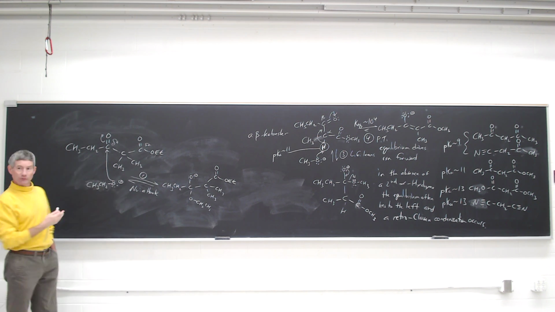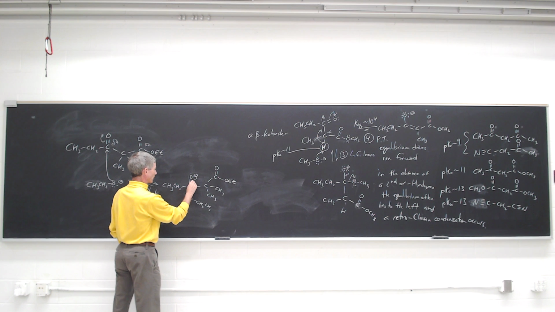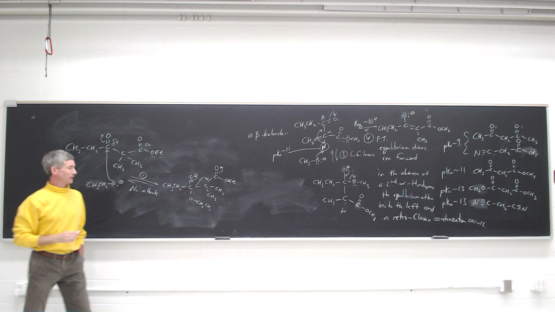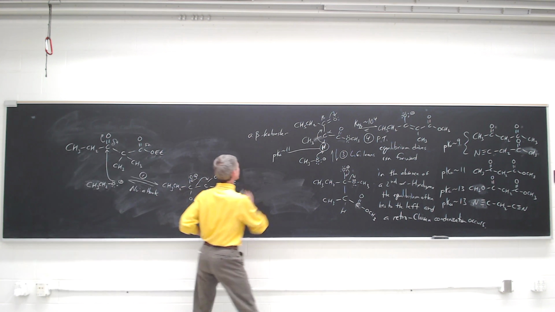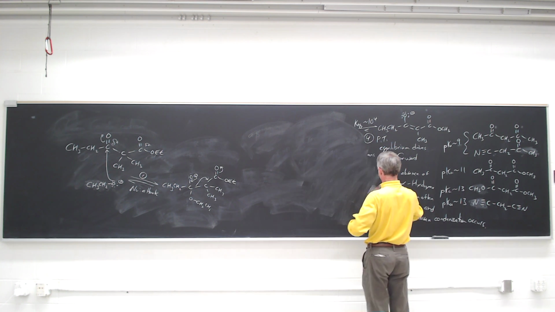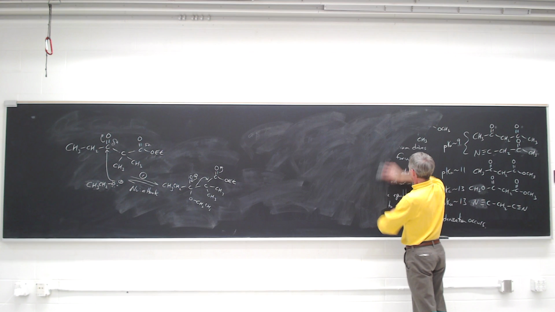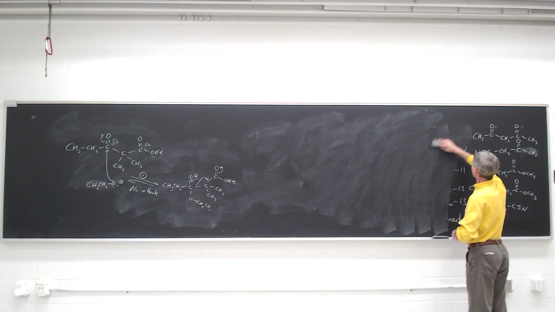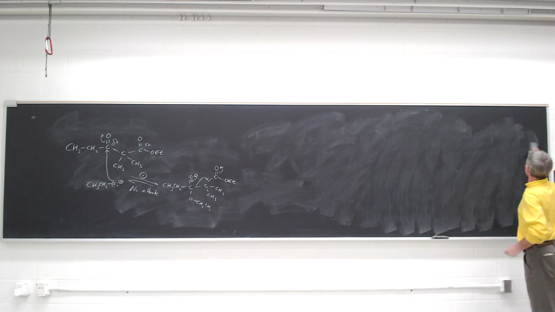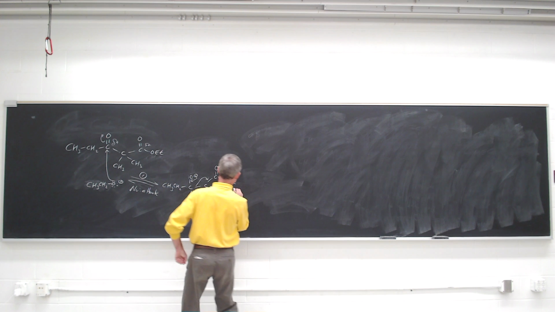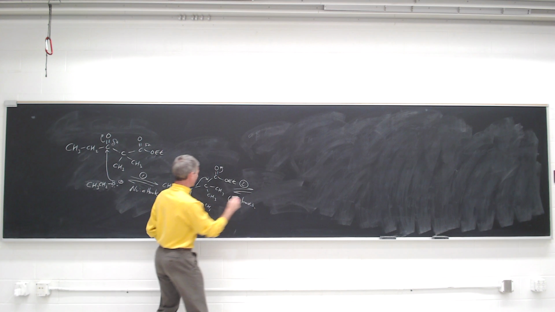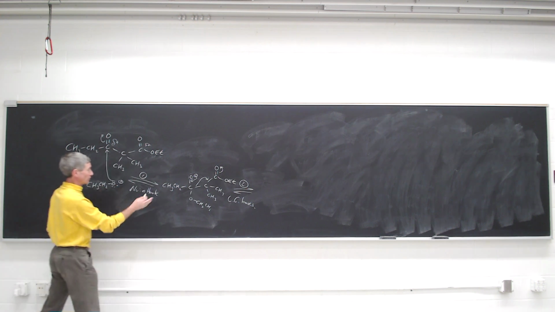And then it can reverse and kick ethoxide right back off, but it can also kick out this ester phenolate, which you'll recognize as the reverse of step 2 of the forward Claisen reaction that we just did, Claisen condensation rather. And this is a nucleophilic acyl substitution reaction as well.